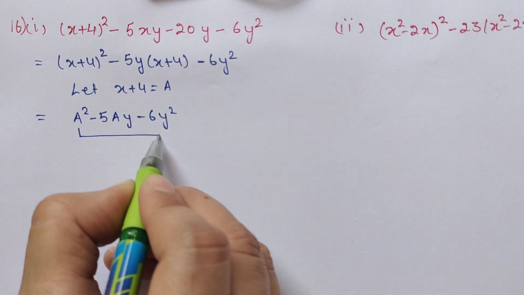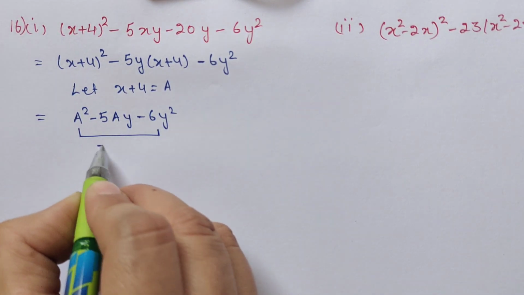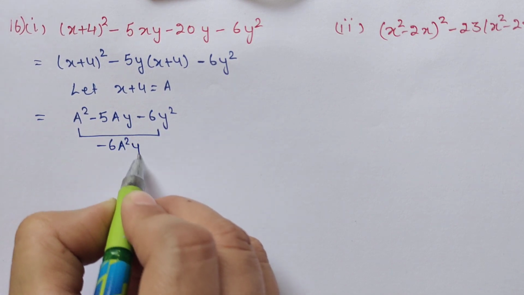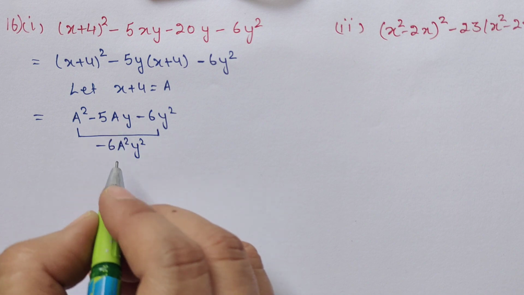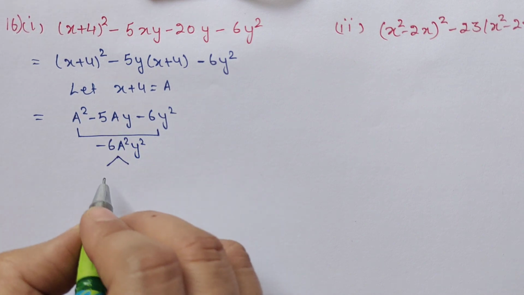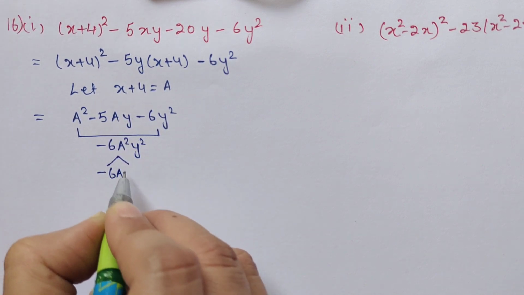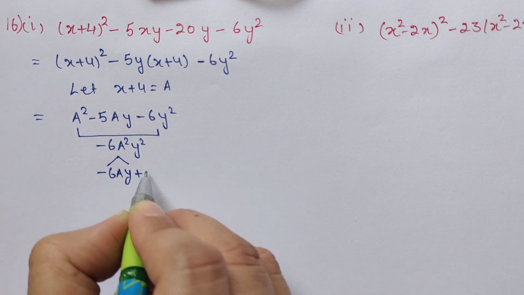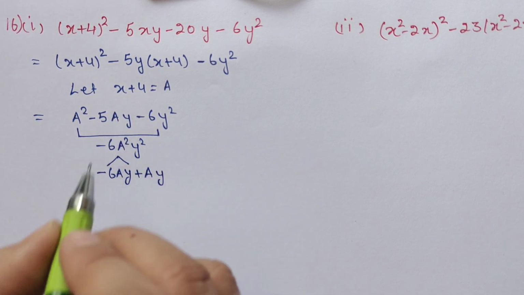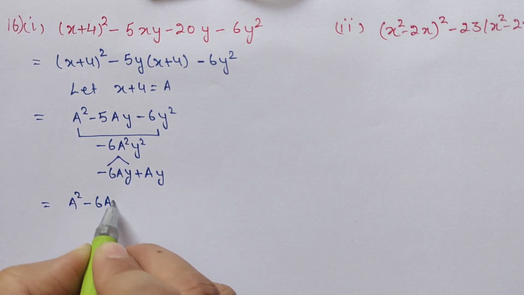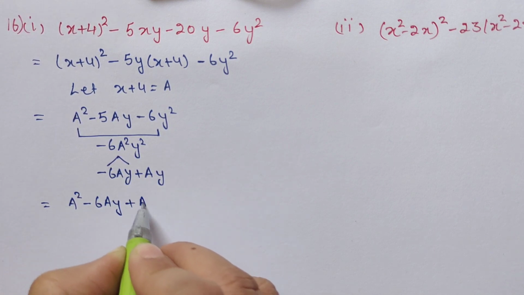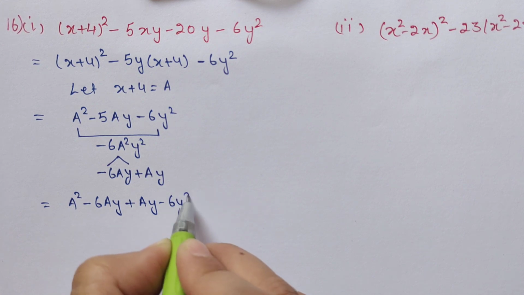Now do the factors. Multiply first and last: minus 6a square y square. Find the factors of minus 6 such that after subtraction minus 5 will come. Minus 6ay plus 1ay. Replace it with the middle term: a square minus 6ay plus ay minus 6y square.